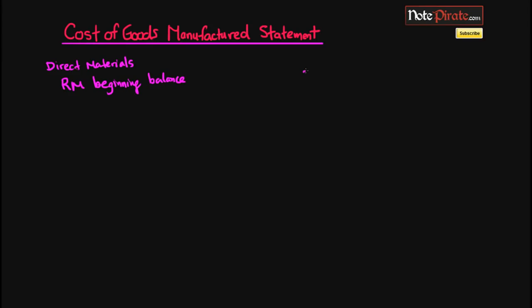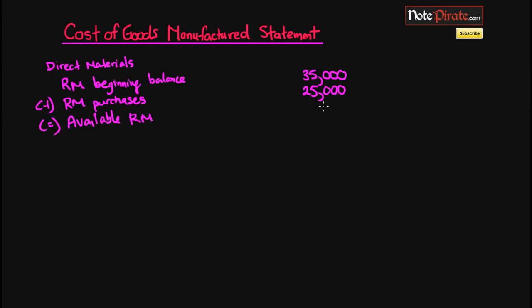Let's say that our beginning balance is $35,000, and of course we're using the raw materials because that is one part of our inventory account. We're just taking raw materials and requisitioning them for production. So we're going to be adding any raw material purchases, because purchases of course will increase the balance for our total raw materials, and that will give us available raw materials.